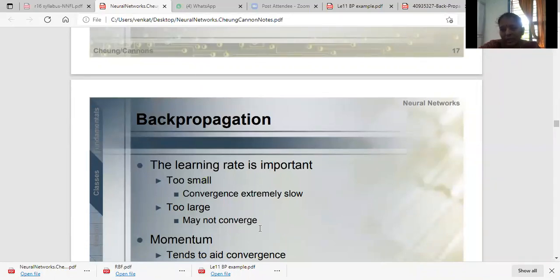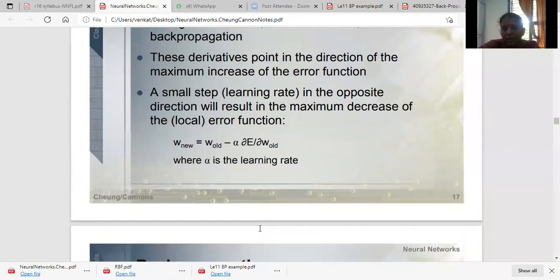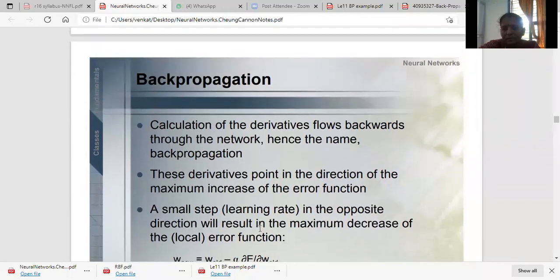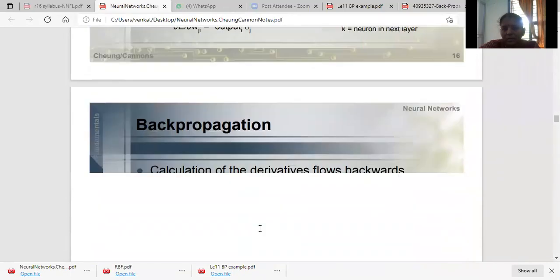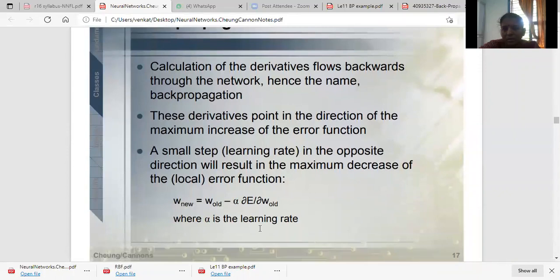You may be asked to write what are the difficulties encountered in the learning rate of the backpropagation algorithm, so you need to write these steps. You need to calculate derivatives backwards through the network, hence the name backpropagation. These derivatives point in the direction of maximum increase of the error function.